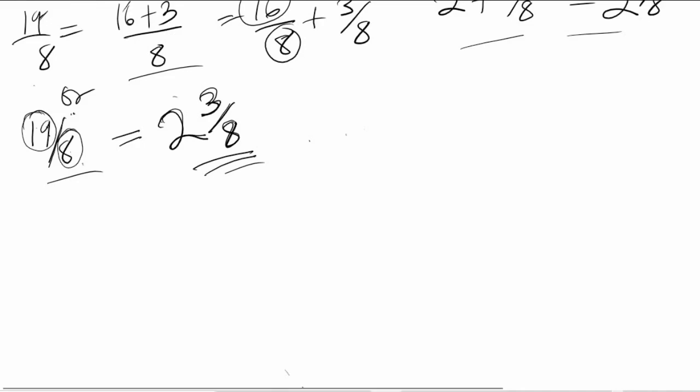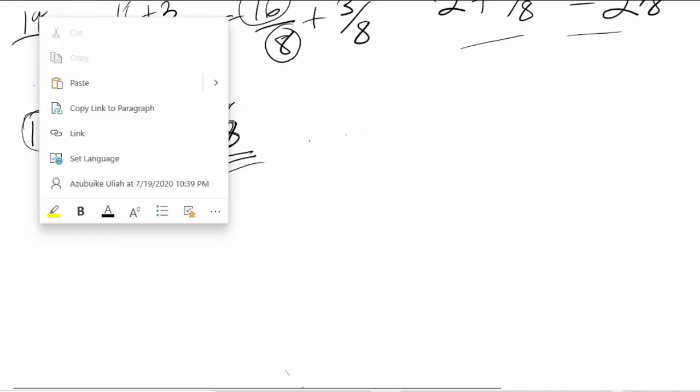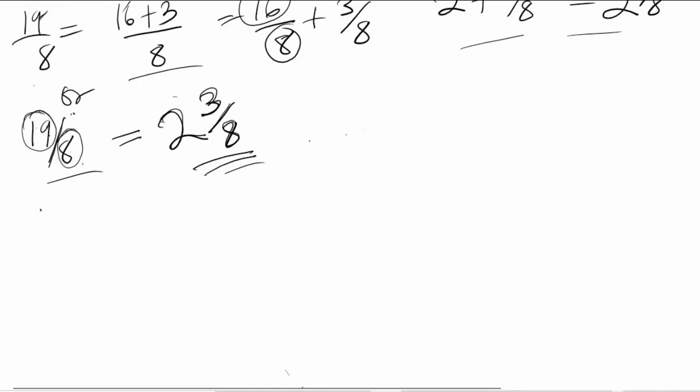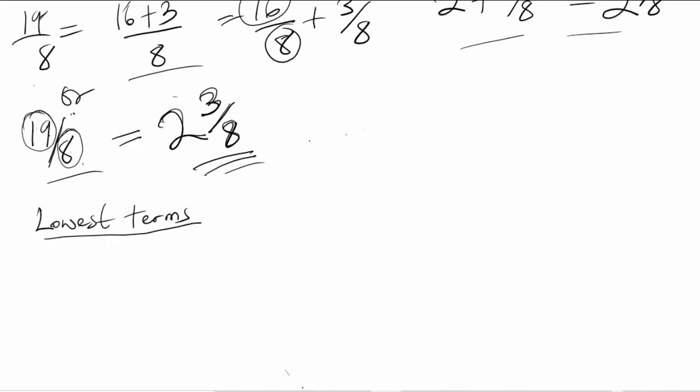So we move quickly to lowest terms of a fraction. The value of a fraction stays the same if both the numerator and denominator are divided by the same number.